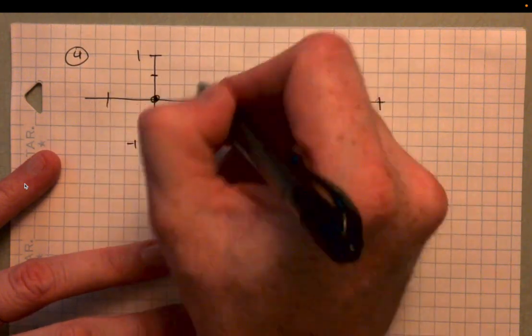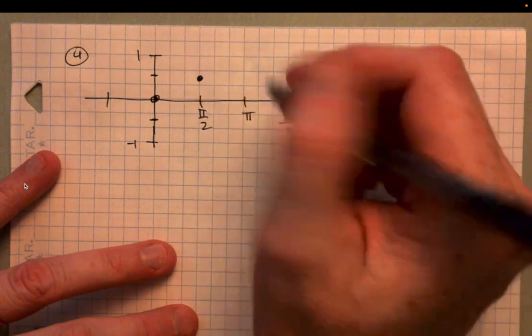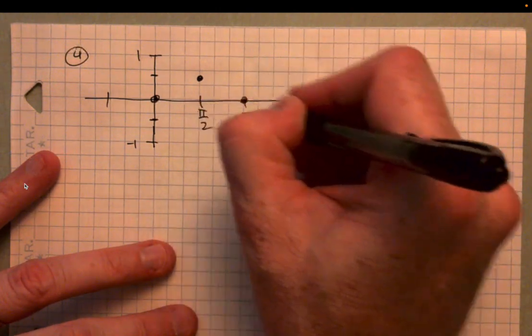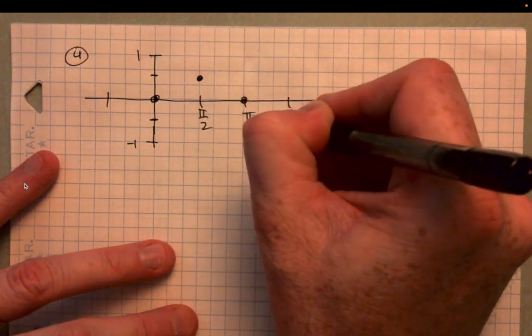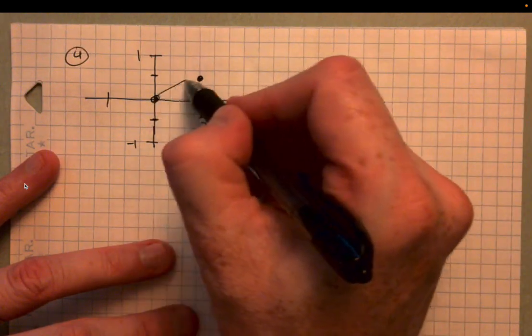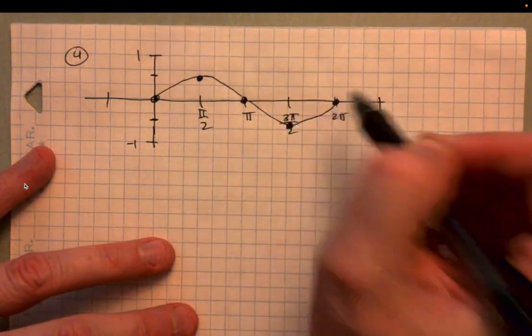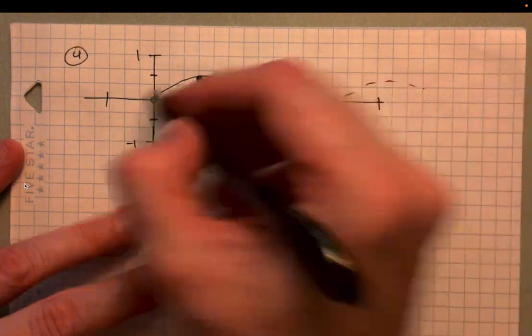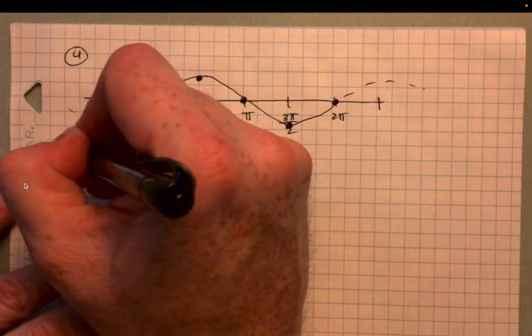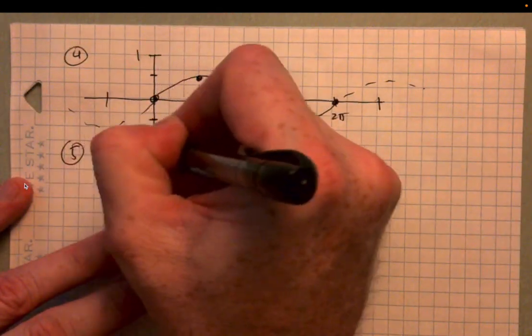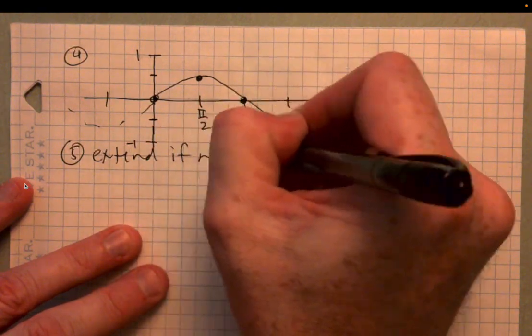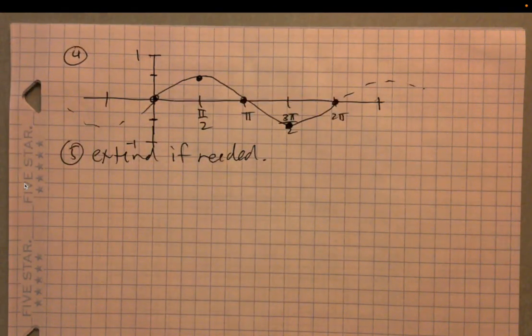So it starts at 0, it goes up to 1/2, then it comes back down to 0, and then it goes to -1/2, and then back to 0. Right, so it looks like this. And we could extend it in either direction as part of step 5. Extend if needed. All right. Very good.